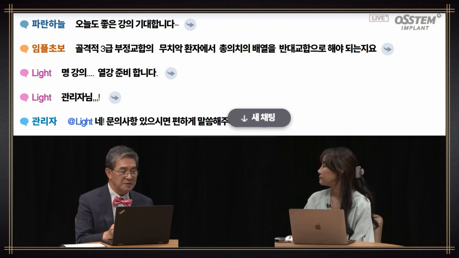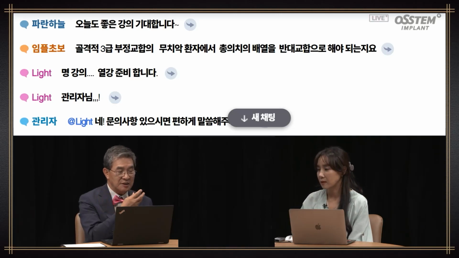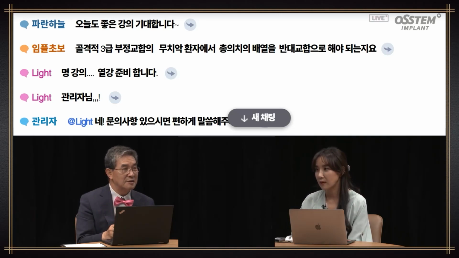Okay, for skeletal class 3 malocclusion, for teeth arrangement, I believe we need to separate the anterior region from the posterior region. For the aesthetic anterior region, we cannot do the crossbite, but we can do edge to edge.